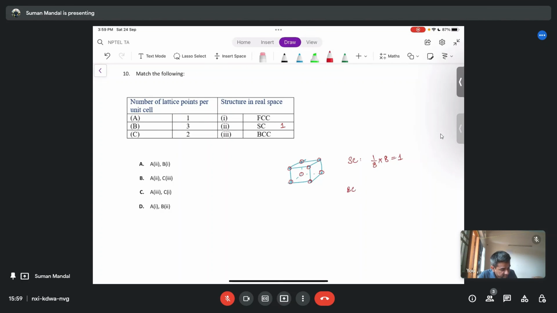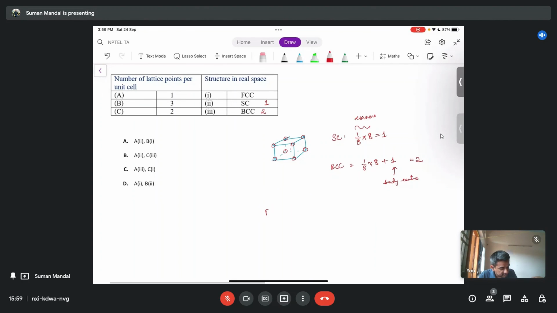For BCC, there's also 1 in the center. So we have 1 by 8 into 8 for the corners, plus 1 for the body center, which is 2. So the body-centered cubic structure has 2 lattice points per unit cell. In the case of FCC, we again have 8 corners, and we have 6 faces, each shared by 2 unit cells.